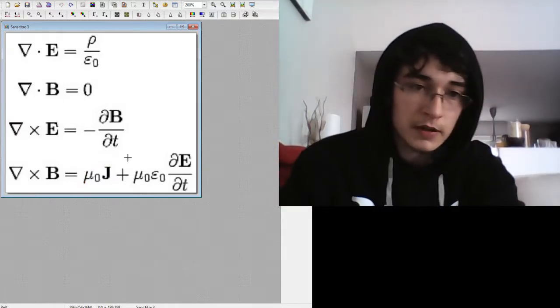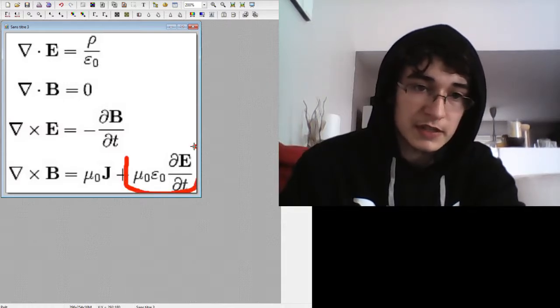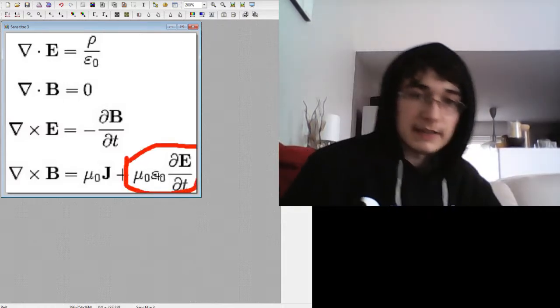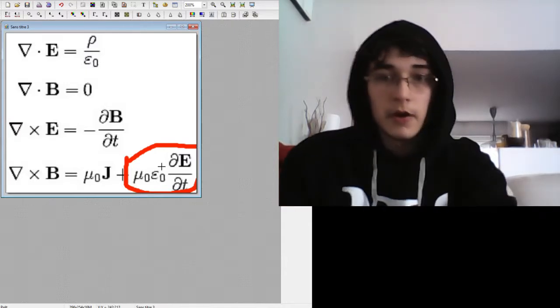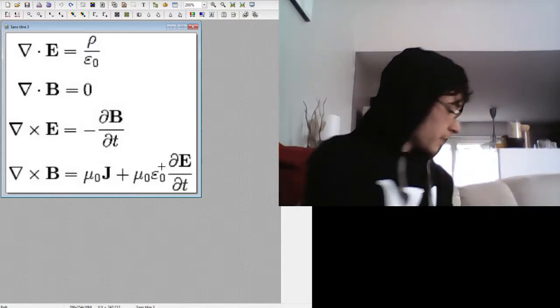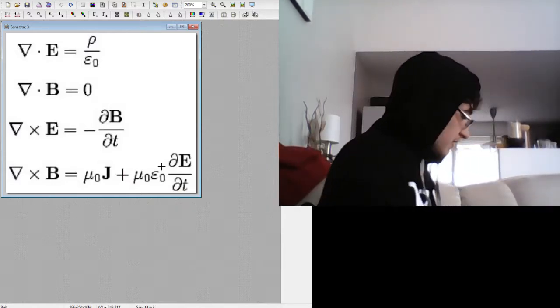And the second one is this one. It just tells you that you can create a magnetic field with varying electrostatic charges.